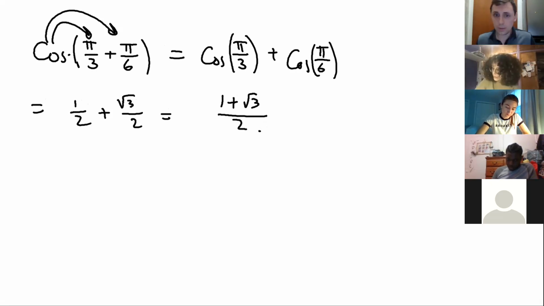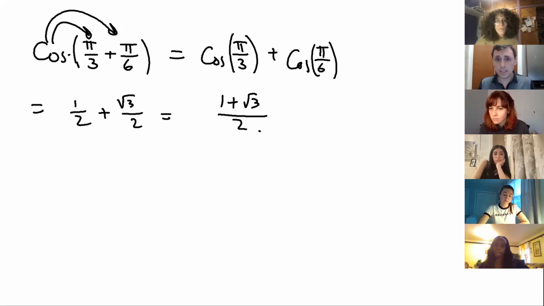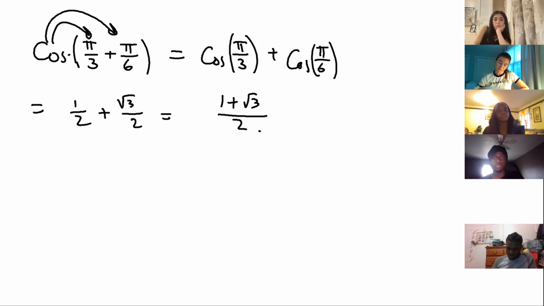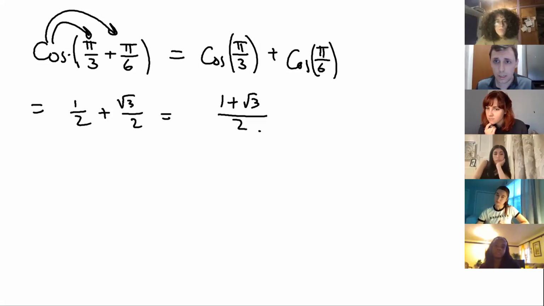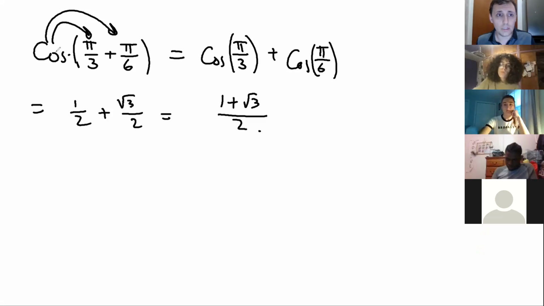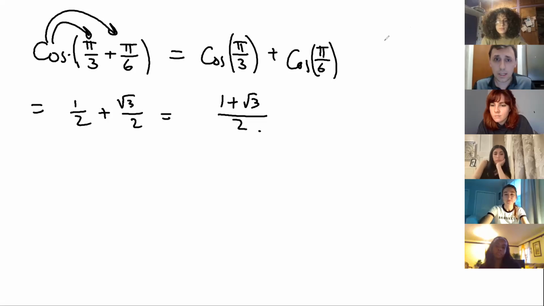So did you write it all down? Yes? If you wrote it all down, please confirm now that you understood. Lazar, you didn't have time? Okay, you can write it down still. And now, please write, I have 28 names here, I think. Yes, I understood what you did. You see, cosine multiplies by pi over 3 plus pi over 6, distribute through the parentheses, and we solve it. Please confirm that. I want to see 27 confirmations.